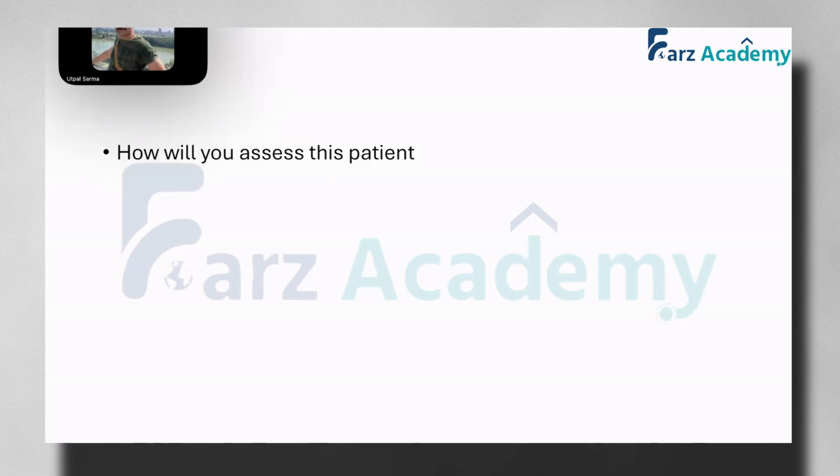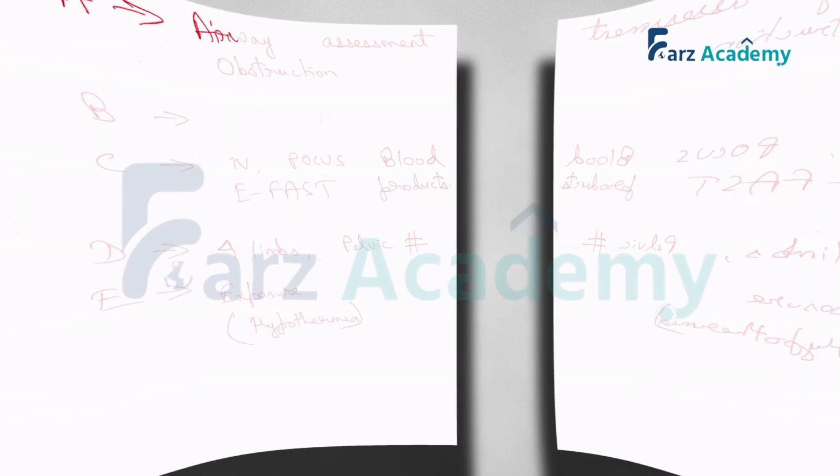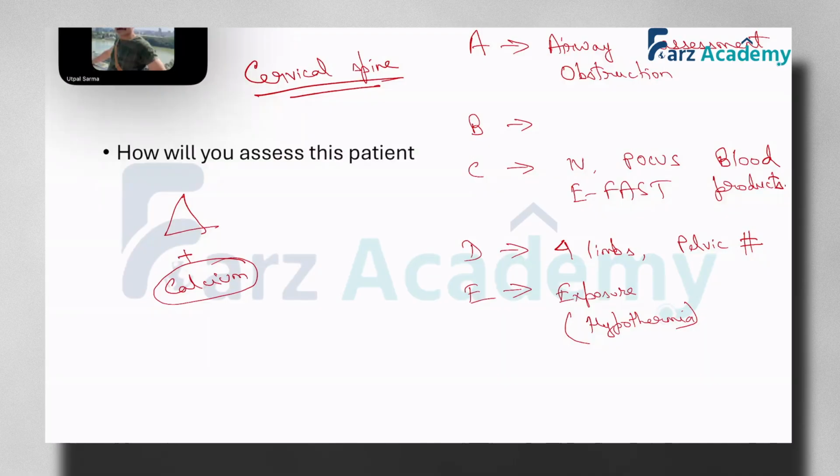I will initiate IV fluid, and if an ultrasonography machine is available, I'll do the POCUS examinations, which will give me an idea about the hemothorax, and at the same time, the cardiac trauma also. So A, B, C, D, E and cervical spine, this you have to be very perfect, and you have to address and modify it as per your case.